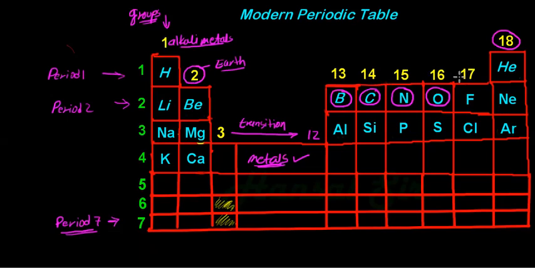Now, group 17 is known as halogens. These elements form salts and so they are known as halogens. Halogen means salt formers.